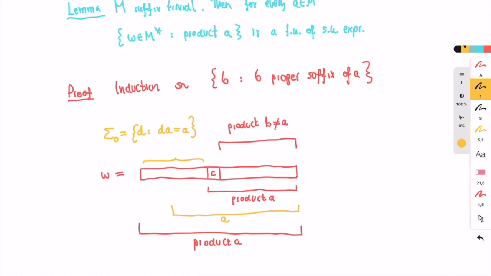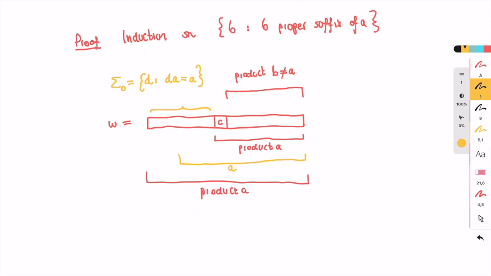Okay? So what we have just shown is that a word has product a if and only if it can be decomposed as follows. There is a prefix which has these words that preserve a. Then there is a c. And then there's a word with product b.